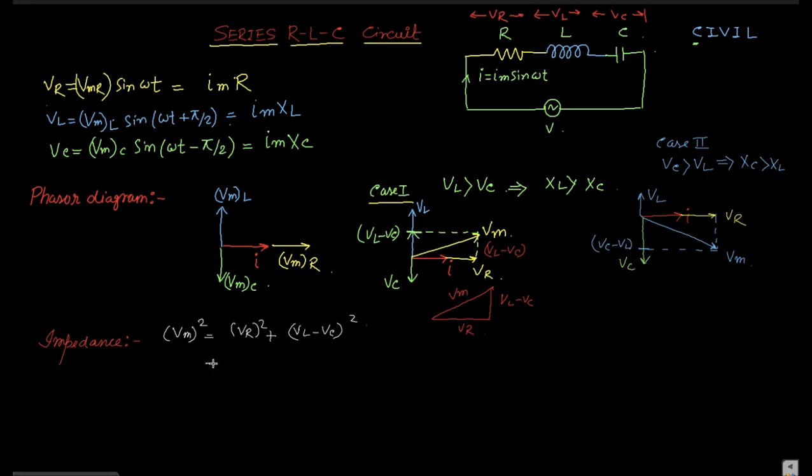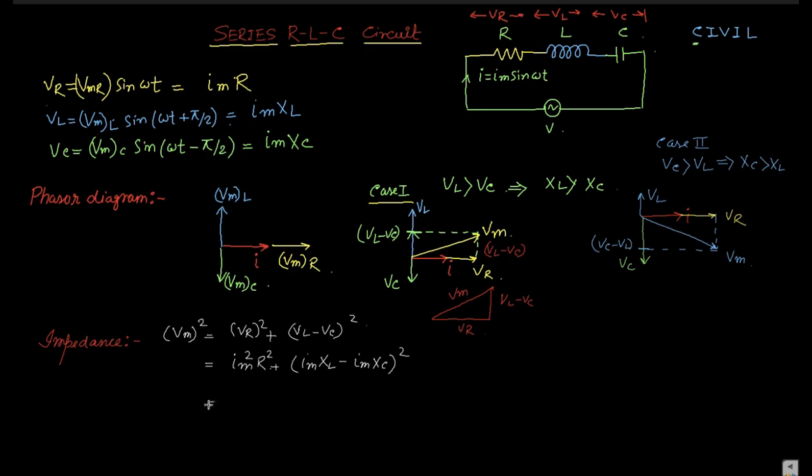Or you can write this as Im square R square plus, not Im square, this Im into XL minus Im into XC whole square.